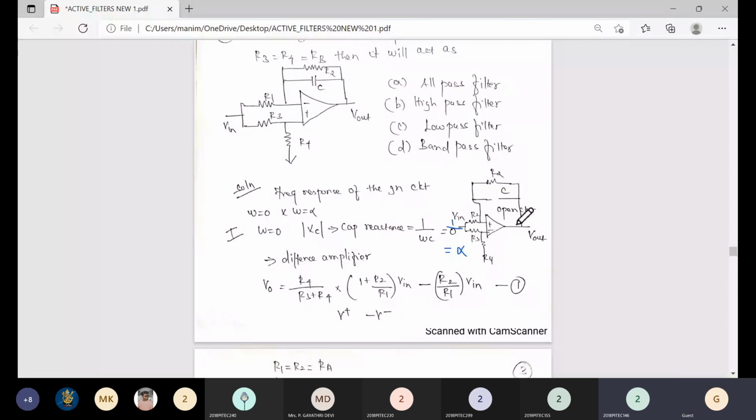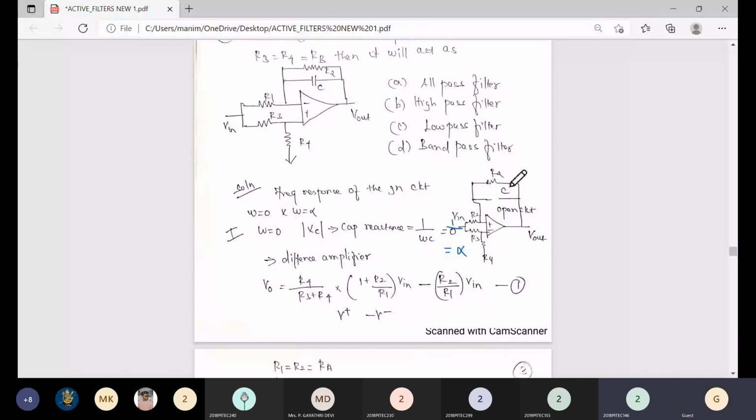Consider first the inverting amplifier, with the input Vn. Here the gain of the inverting amplifier is R2 divided by R1 into Vn.